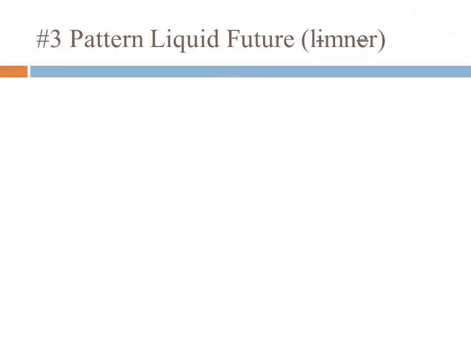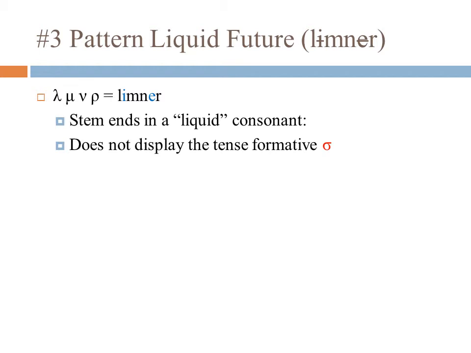The third pattern is the liquid future. And I have here the liquid. The reason I use liquid is that there are 4 consonants in any language that cause problems. They are lambda, mu, nu, and rho. And in any language, they're going to cause a problem before an ending.